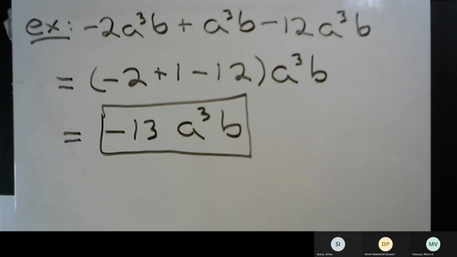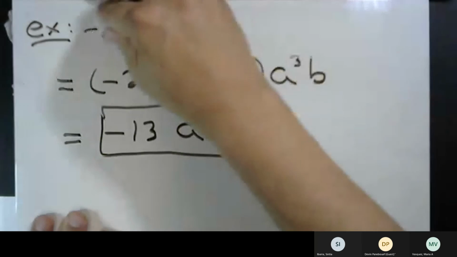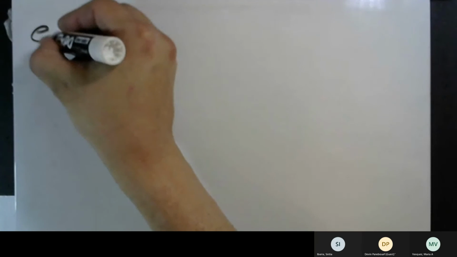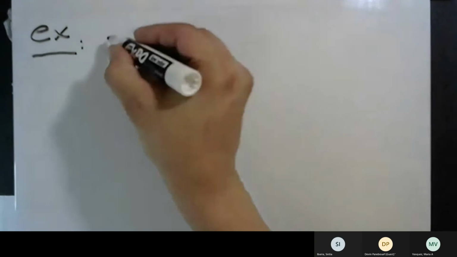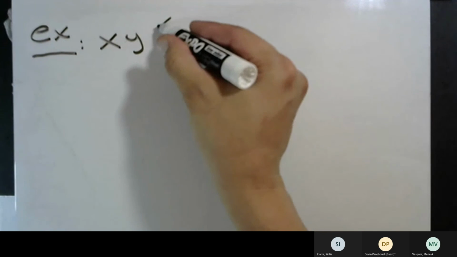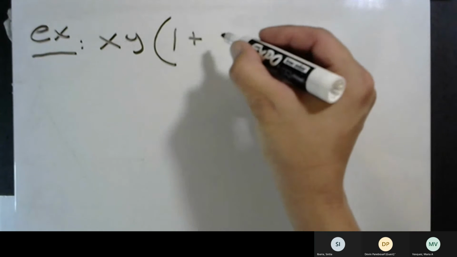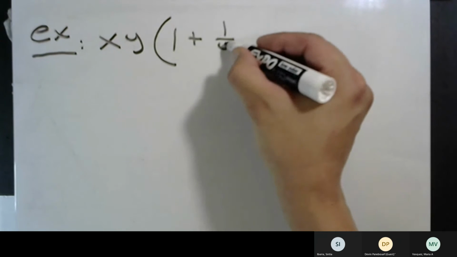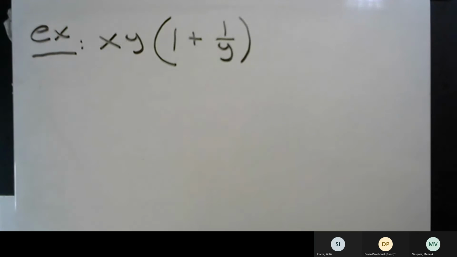Now, sometimes we can combine this with some distribution. And this is kind of an interesting thing to do. So let's say we do this. Now, the way we get rid of parentheses when we simplify is we distribute.